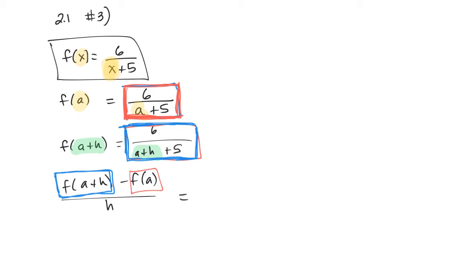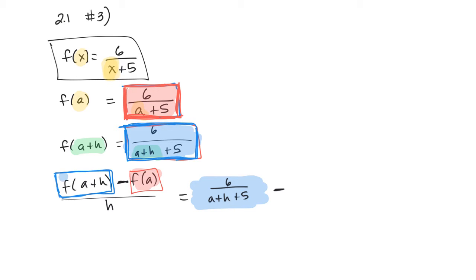Okay, here we go. We're going to take this first. So we're just going to write a fraction and put f of a plus h, and it was 6 over a plus h plus 5. Okay, now we're supposed to subtract this second part, f of a, which is 6 over a plus 5.